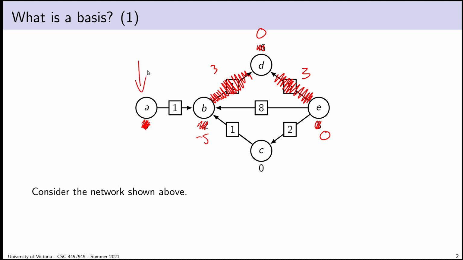Here's vertex A. I don't care about the balance of flow at vertex A. I deleted that balance constraint. So I guess I'll just have vertex A send B everything it needs. Okay, so vertex A sends 5 units of flow to vertex B, and then vertex B is in equilibrium. Great. And remember that I deleted the balance constraint on vertex A. I was ignoring it. But if I erase this, wait a minute.